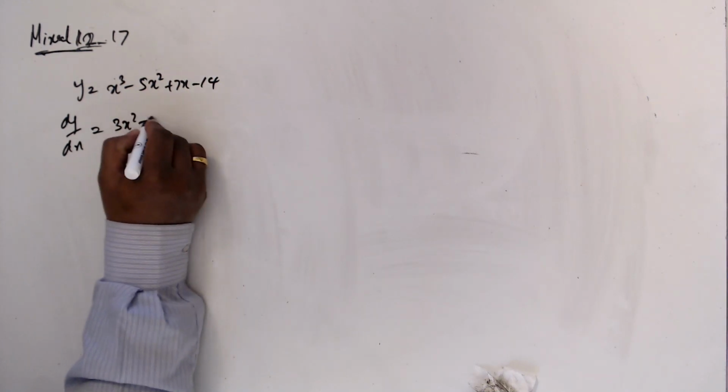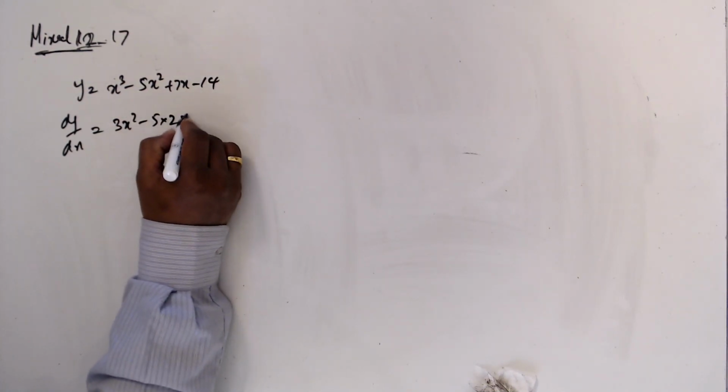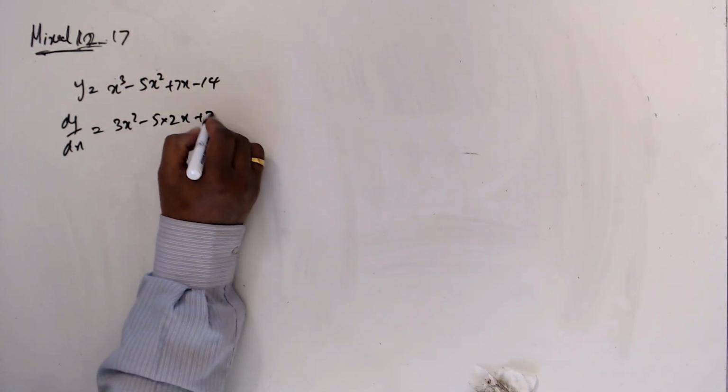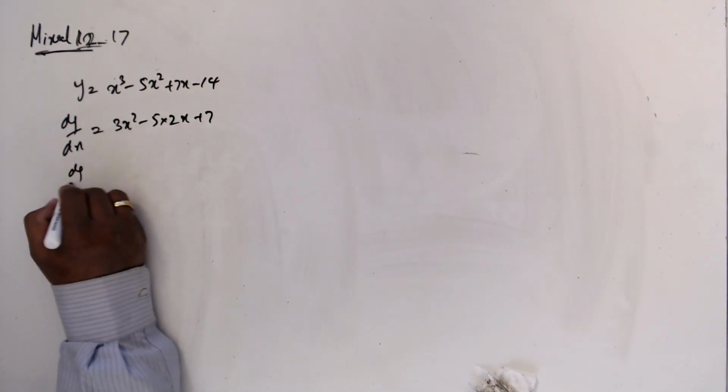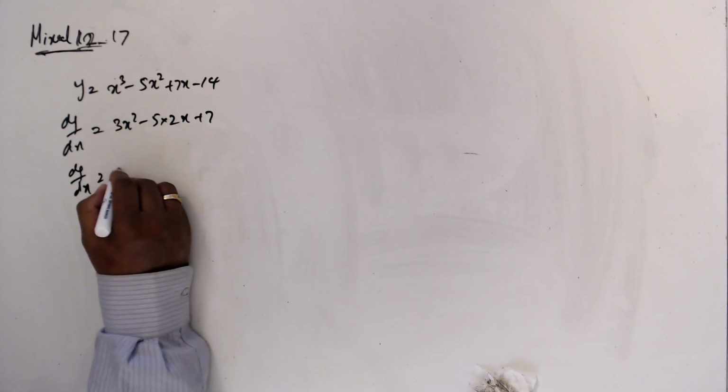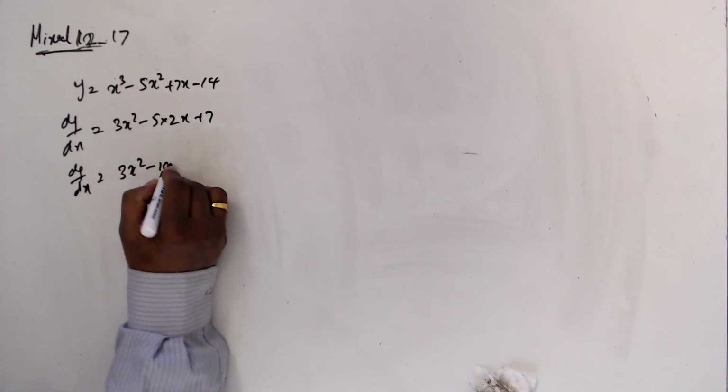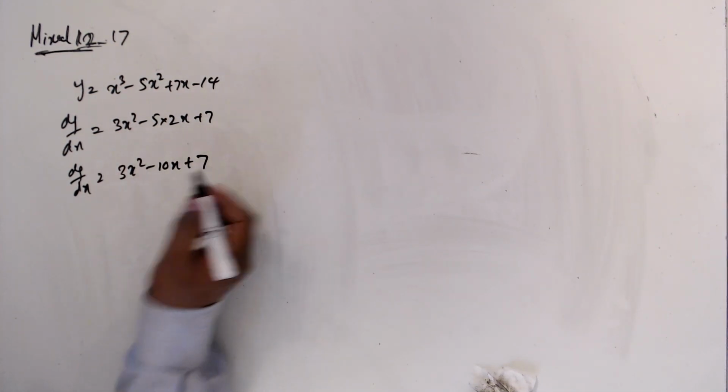dy over dx is 3x squared minus 5 times 2 times x plus 7, which is 3x squared minus 10x plus 7.